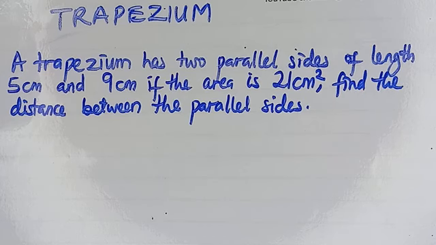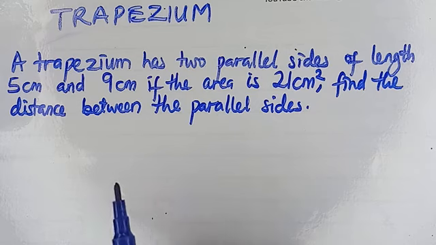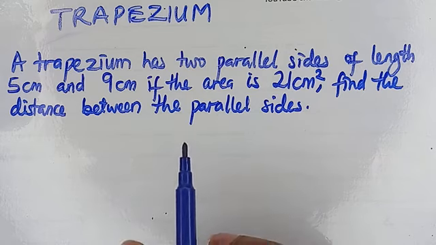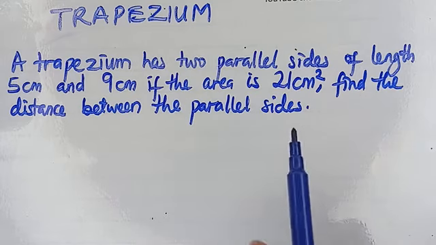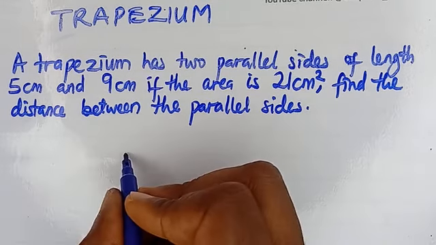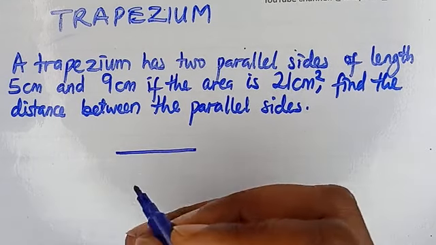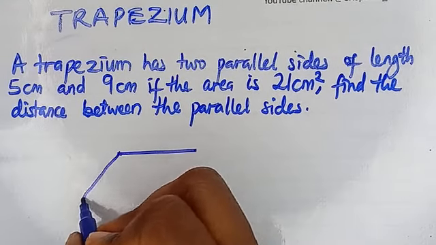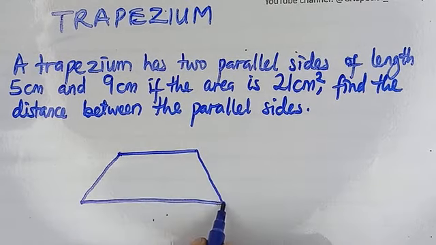Here we are presented with this question. A trapezium has two parallel sides of length 5 cm and 9 cm. If the area is 21 cm squared, find the distance between the parallel sides. So we are going to draw a trapezium so we can see clearly what this question means. I'm going to just draw any shape that is a trapezium.